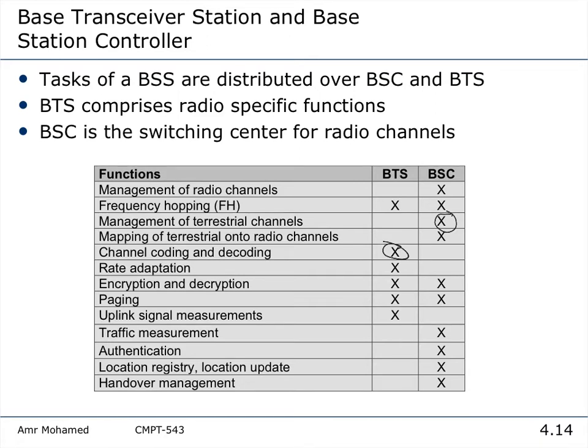From then, it sends a paging signal, which gets propagated from this MSC to all the BSCs, from the BSC to all the base transceiver stations, and from all the base transceiver stations to all the mobile stations within this cell, until one mobile station says, I am the one whom you are looking for, and then it sends a response back, and this way they can find me.